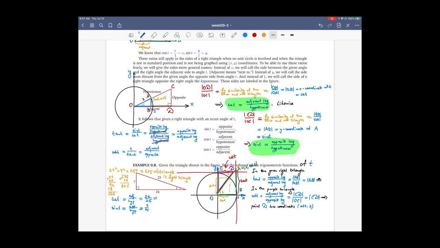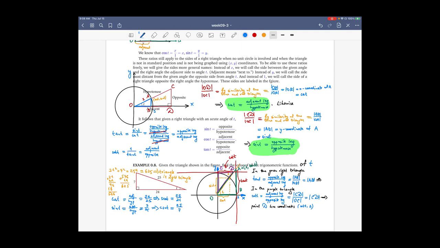This immediately allows us to find secant and cosecant, secant being the reciprocal of cosine is 25 over 24. And sine gives us the value of cosecant because cosecant is reciprocal of sine, so cosecant is 25 over 7.